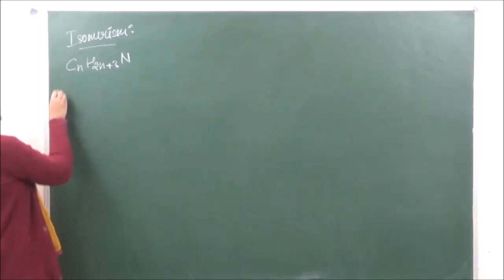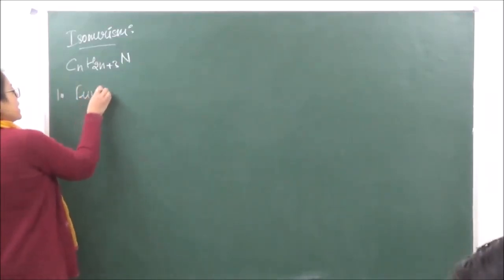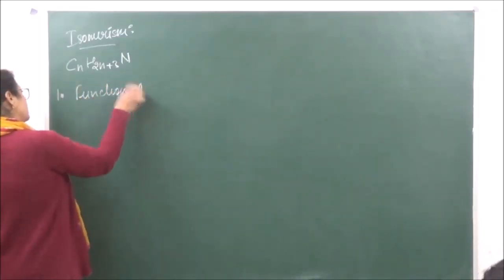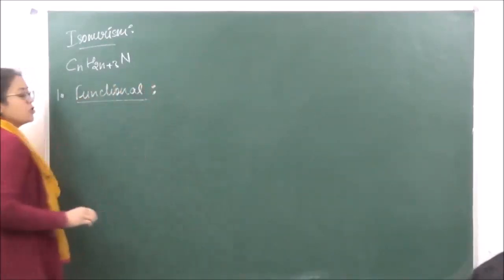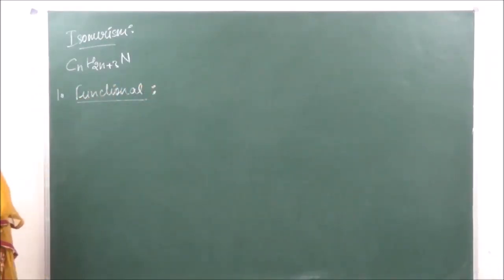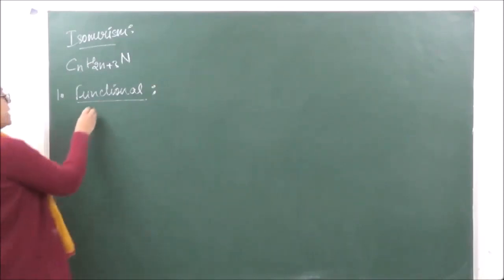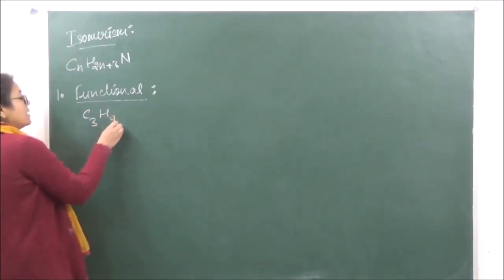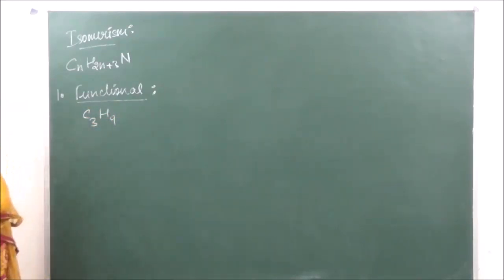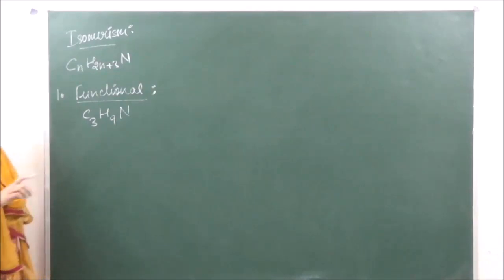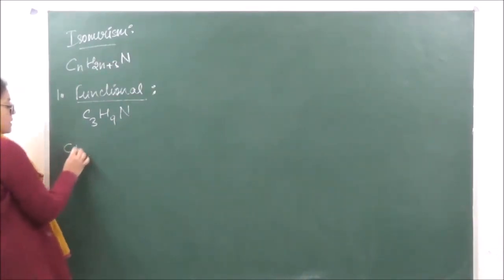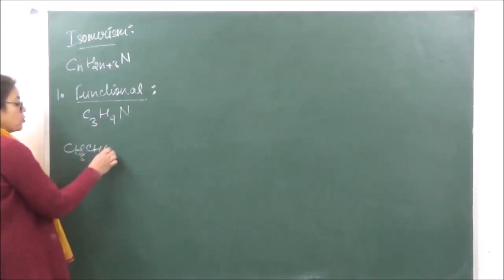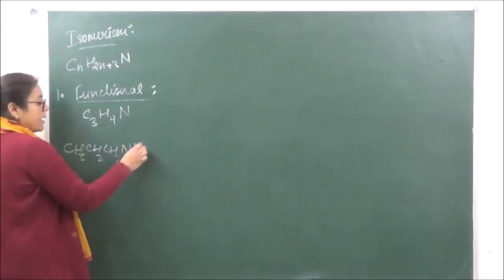The first kind of isomerism which it can exhibit is functional isomerism. Functional isomerism is due to difference in functional groups. So we're taking a formula of C3H9N, right? This molecule is going to have 3 functional isomers. The first one is primary, 1 degree, CH3CH2CH2NH2.